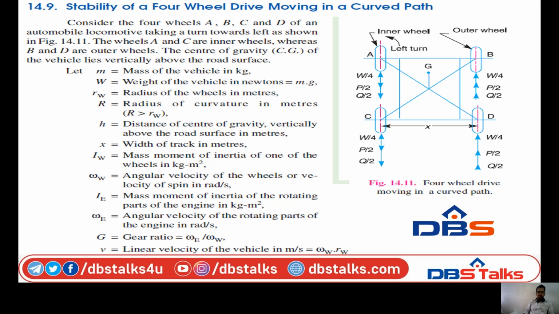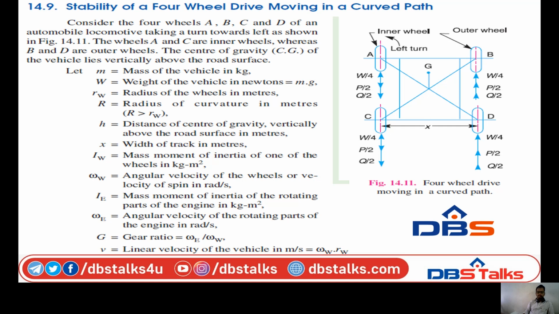IE is the mass moment of inertia of the rotating parts of an engine. Omega E is the angular velocity of the rotating parts. So the gear ratio is omega E by omega W, that is engine parts to wheels. The linear velocity v is found from omega into r, or otherwise omega is equal to v by r.